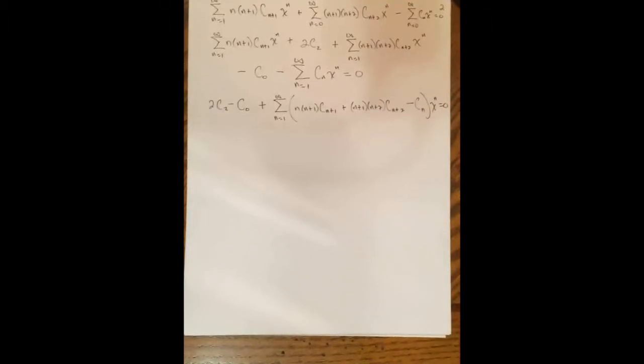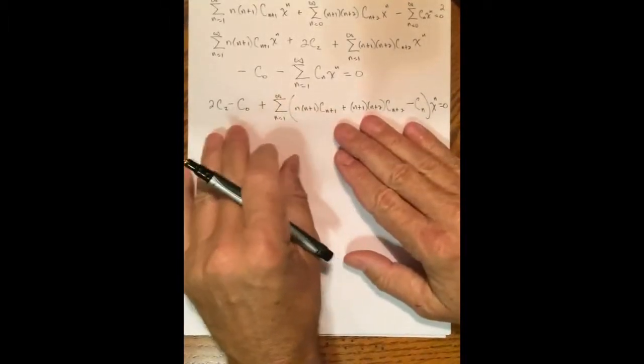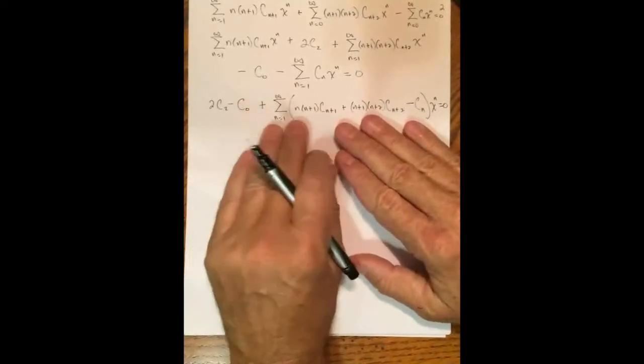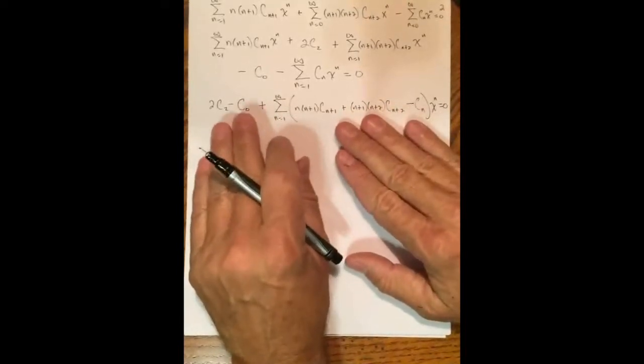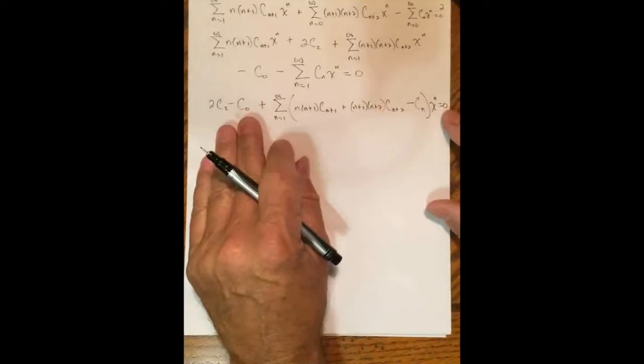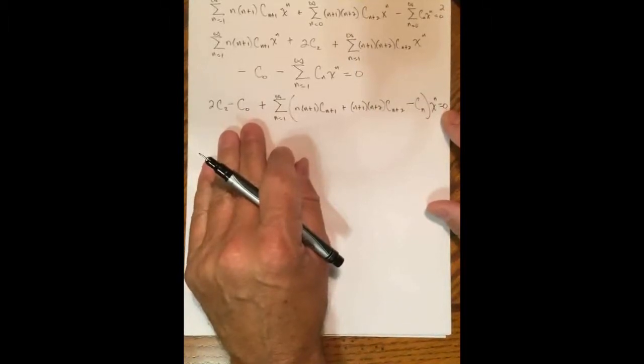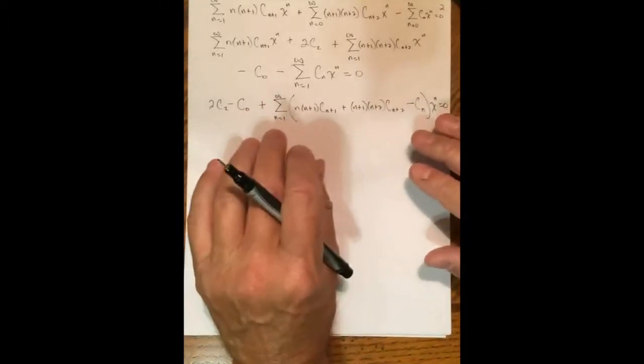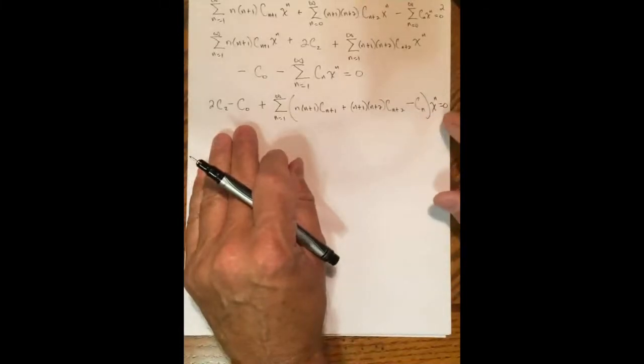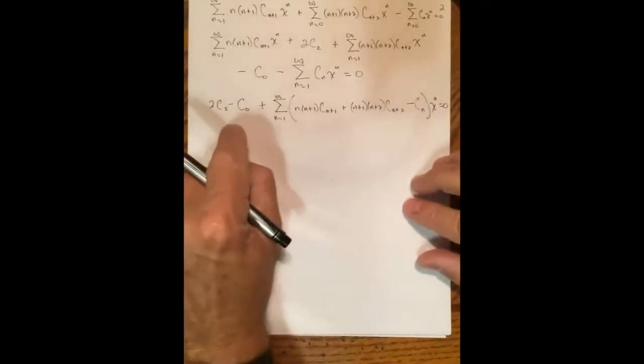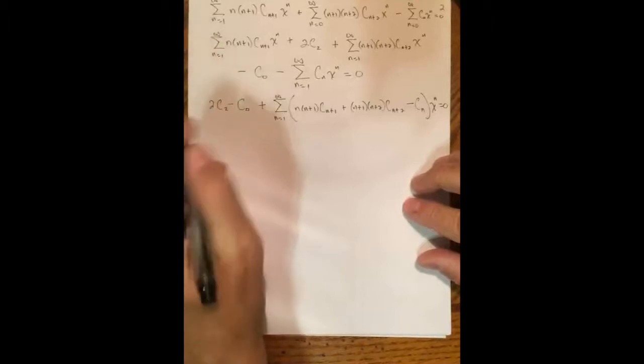Now here's what we've got. On the left, this is just an obscene polynomial, just awesome looking. And on the right we have 0, but 0 is a polynomial. And that means the coefficients of x on the left have to equal the coefficients of x on the right. Well, on the left we have this constant term.